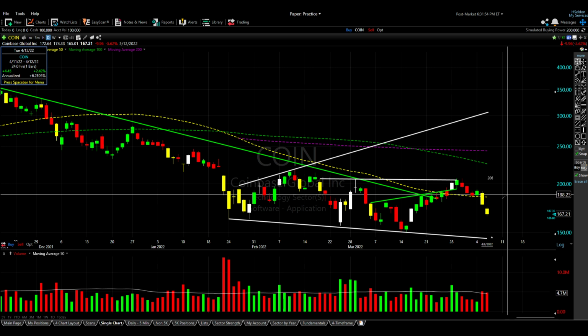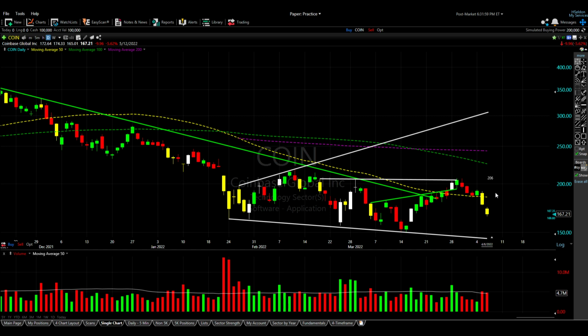So if you had this 187, which is above the 50 SMA, and you put an alert on 187, and it triggered to the downside of 187, and you said, all right, I'm going to short coin, and this would have been before it fell below the 50 SMA, you would have shorted coin at 187 and gotten $20 off that. Let's say you waited to 185. Let's say you double confirmed it with the 50 SMA, you still would have been getting $15, $17 on that.